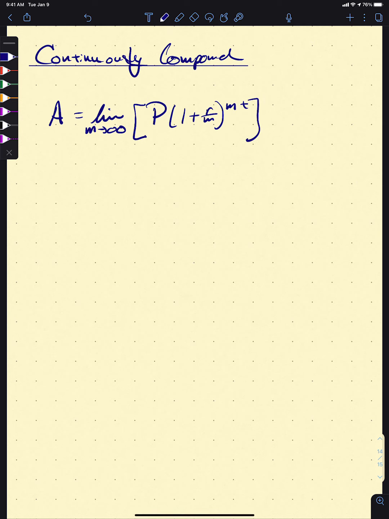Okay. But there's a few things that we can sort of factor out here, right? My t is not dependent on any of this, so it can come out. Same with my p. So this is p times the limit as m goes to infinity of 1 plus r over m to the m, and that whole limit is to the power of t.